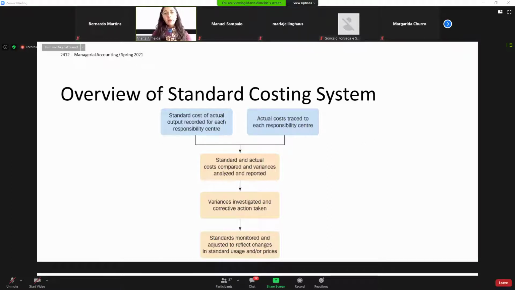Then they compare these standard costs, what they expected, with the actual costs. They identify any variances, investigate why there were those variances, and if needed, take corrective actions and adjust the standard costs for the future.